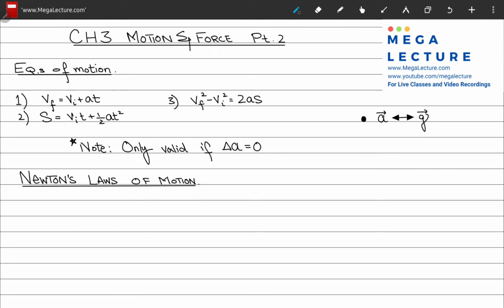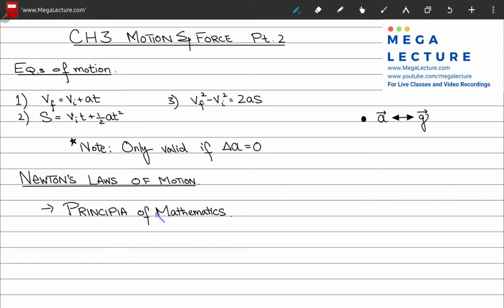Moving on to Newton's laws of motion, let's discuss these laws which Newton gave us. These laws were written in Newton's book, the Principia of Mathematics, and all of Newton's work in physics is in this book.